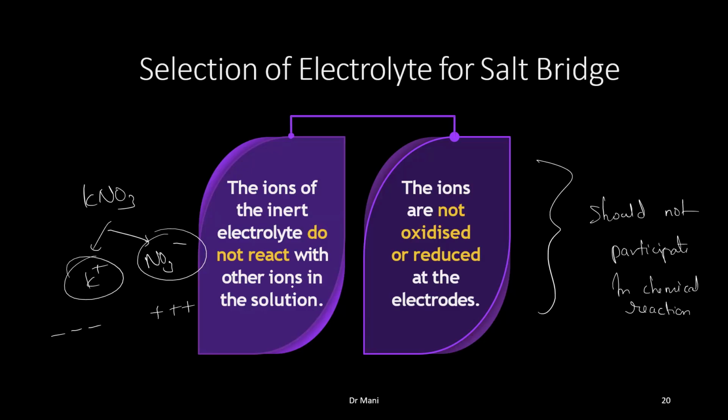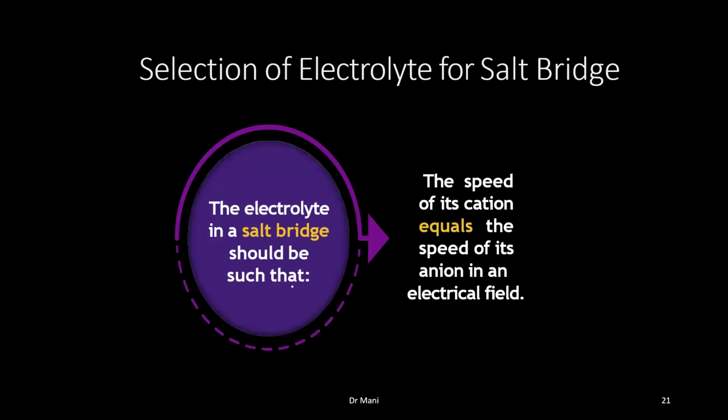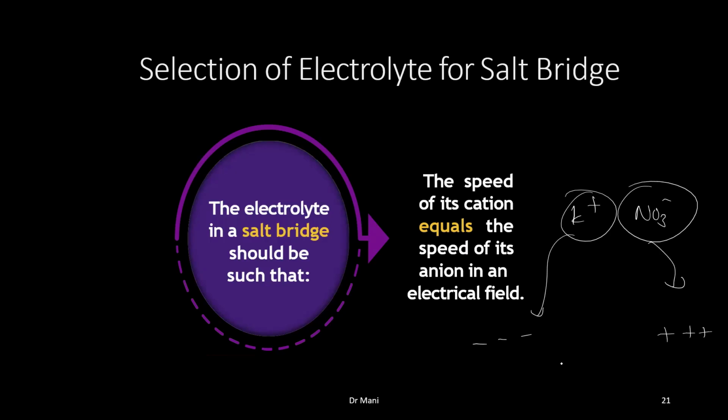The third one is the electrolytes in a salt bridge should be such that the speed of cations is equal to the speed of anions in an electric field. I told you, whatever K plus and NO3 minus are formed, they have equal speed. They will move equally. So K plus will move and balance the negatives, and NO3 minus will move and balance the positives at the same pace.